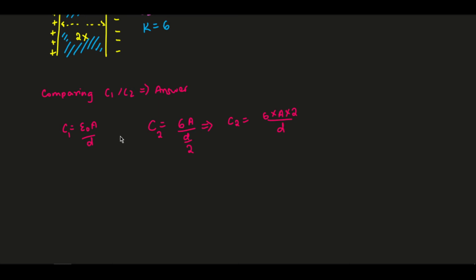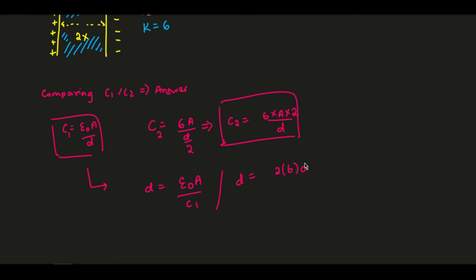Now let's represent these two formulas in terms of D, right? Because now we will get D equals epsilon naught A divided by C1, and D equals epsilon naught, or rather in this case 6, 2 into 6 into A by C2.